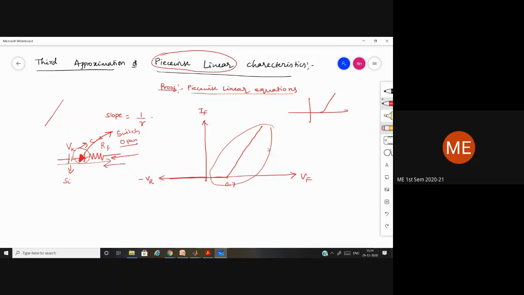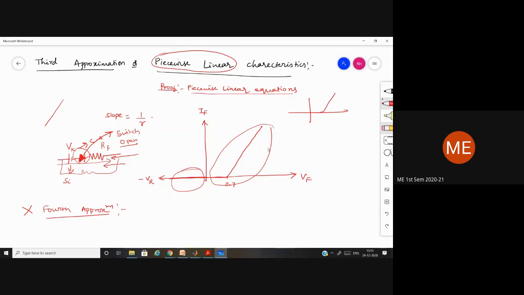So the third approximation worked out under forward bias condition, but under reverse bias condition, the third approximation didn't satisfy. So after this, we actually have the fourth approximation. This is not in our syllabus, so we are not touching that. They just add one resistor and prove it. So when it is not there, let us not worry much about that.